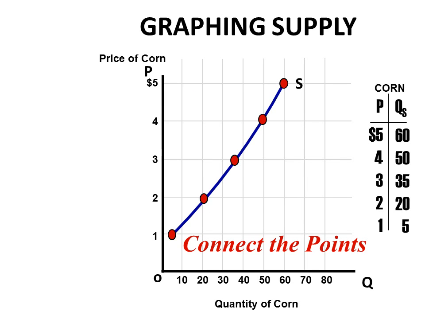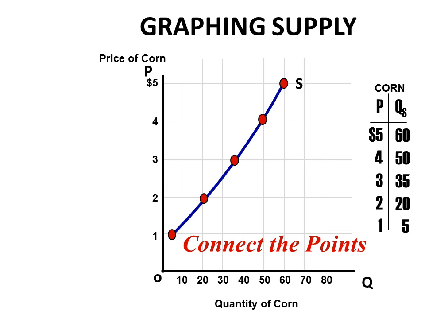Here we have our upward sloping supply curve, which helps us see graphically and understand numerically that direct relationship between price and quantity supplied. So the upward sloping supply curve reflects the law of supply. If we look on the right at the table, we have prices. It's still the corn market.